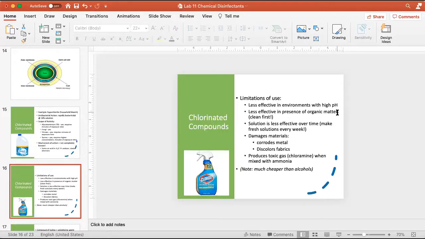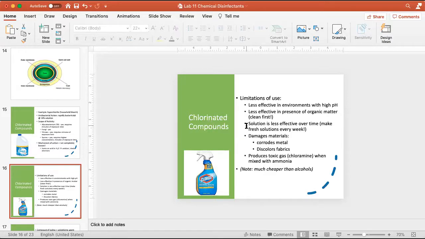It's much less effective in the presence of organic matter. And again, this is an example of be sure to clean first. If you're trying to disinfect a surface that's dirty or has, let's say, dried food stuck on it, you've got to clean it first if you're going to use bleach to disinfect it. Here's another really important thing to know.